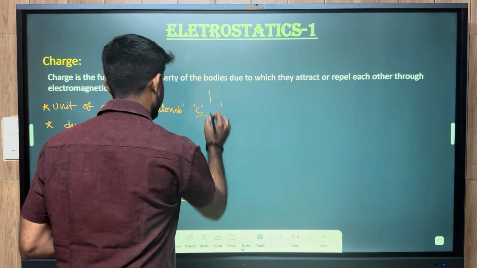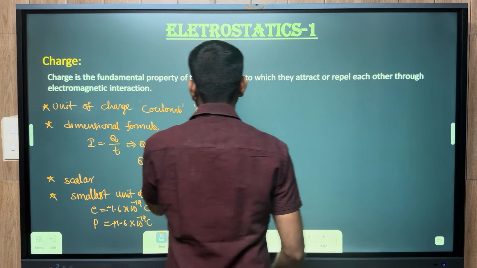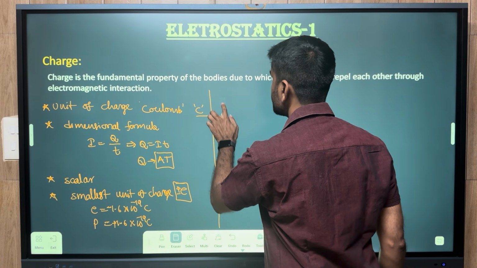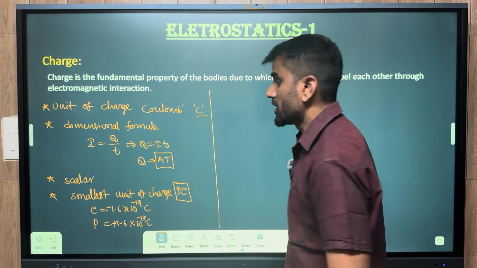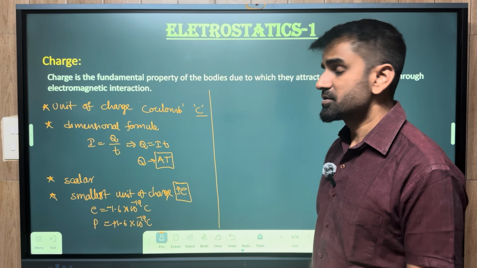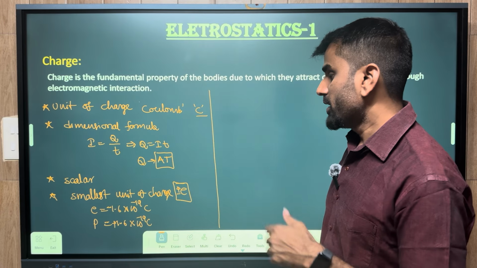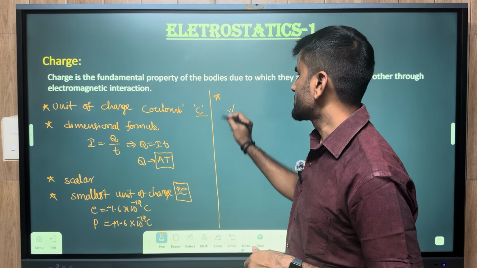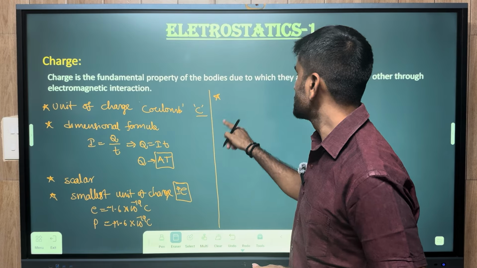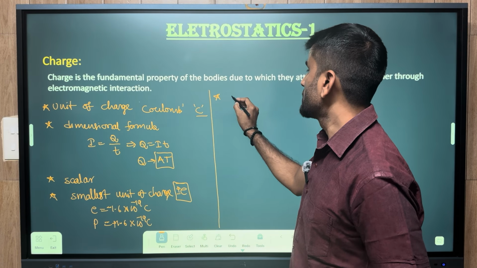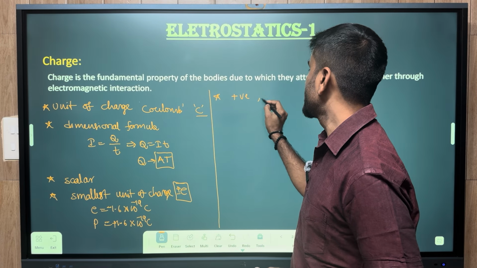Now coming to the next set of points. The smallest unit of charge is plus or minus e, and there are two types of charges, positive and negative.